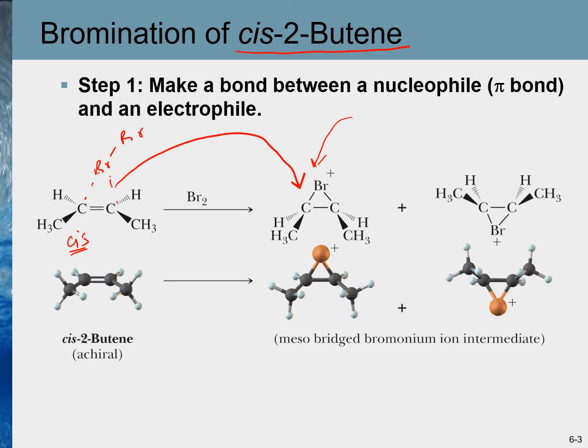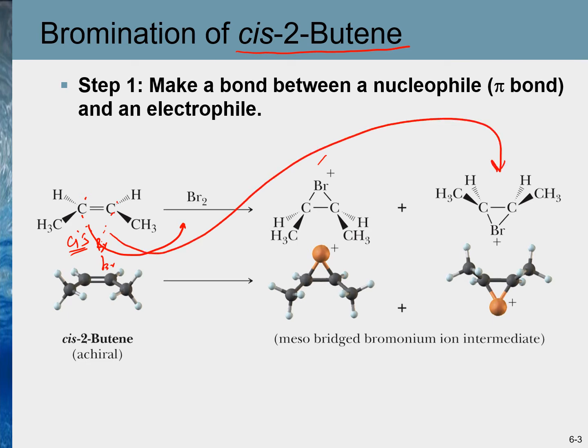The second possibility is that the attack happens from the bottom, so the bridge will be formed at the bottom. This bottom attack will give rise to this intermediate. So if we start with cis-2-butene, there are two stereochemical outcomes: either the bridge will be on the top side or on the bottom side.